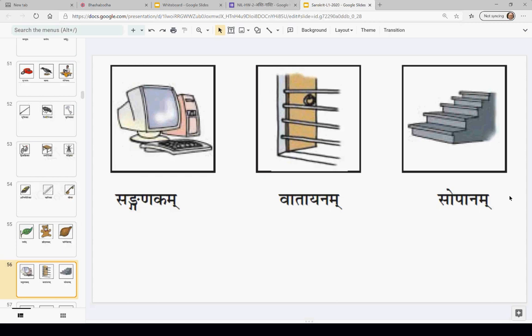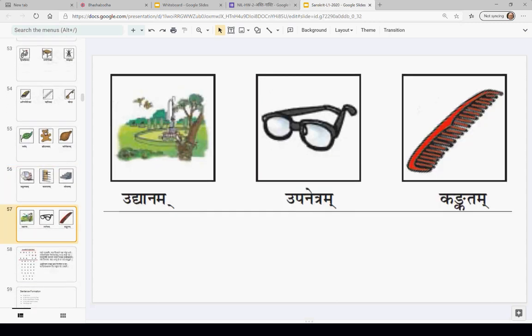The next one, Mangala Bagini. Udyanam, Upanetram, Kankatam Mahodaya? Kankatam. Yes, Kankatam. All are Napunsakalinga. All three.